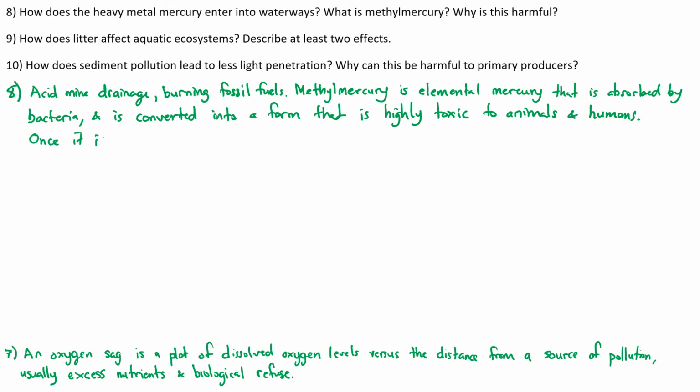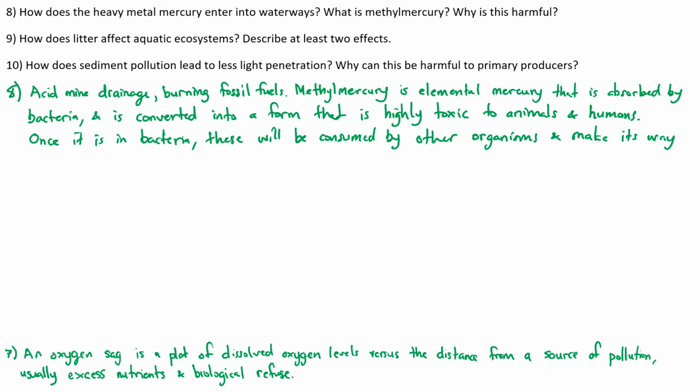Once it is in bacteria, these will be consumed by other organisms and make its way into the food chain. Nine, how does litter affect aquatic ecosystems? Describe at least two effects.